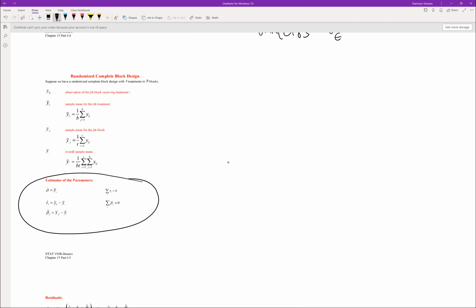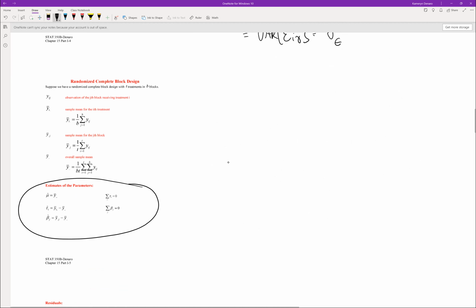Under the assumptions in the model, the summation of the tau i's and the summation of the beta j's should equal 0. If I want to get the predicted y, y hat ij, that's equal to mu hat plus tau i hat plus beta hat j.